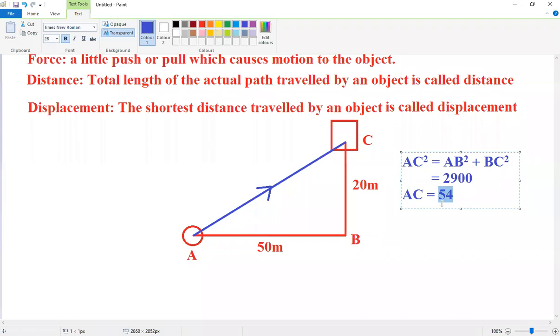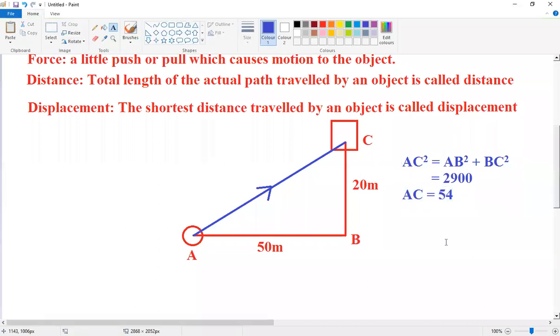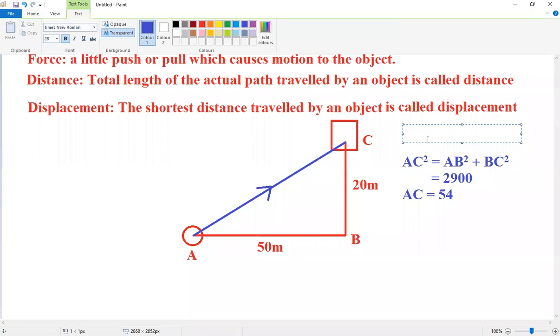You can calculate it later at home, but for now just concentrate on this. What about total length? Total length was AB plus BC, which was about 70 meters.